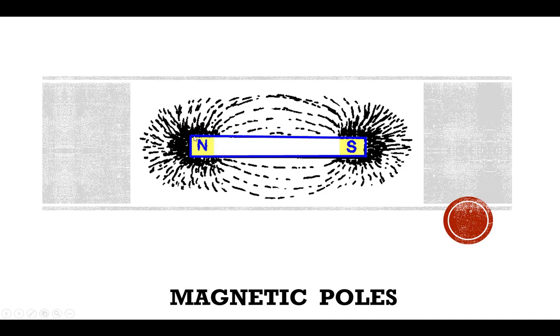Notice that when we talk about the flux density, we're talking about how close these lines are together. And the strength of an electromagnet or electromagnetic field is determined by that flux density. So we can see that the flux density, or how close those lines are together, is really tight here.